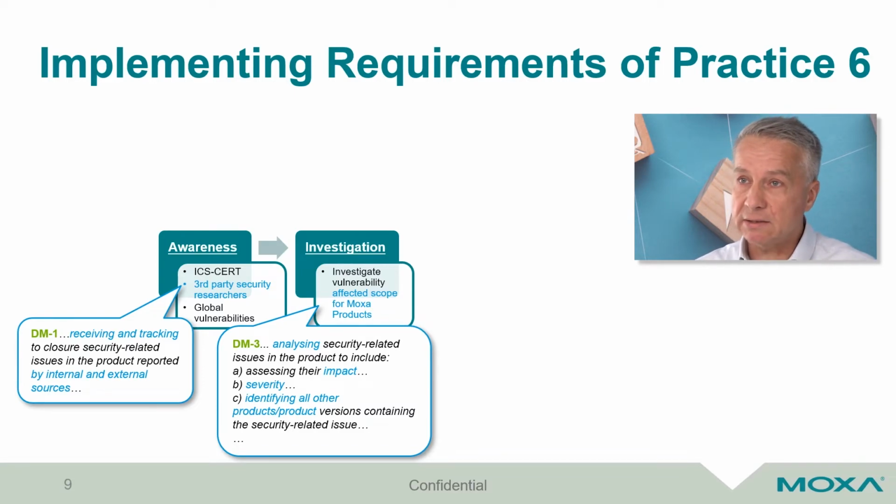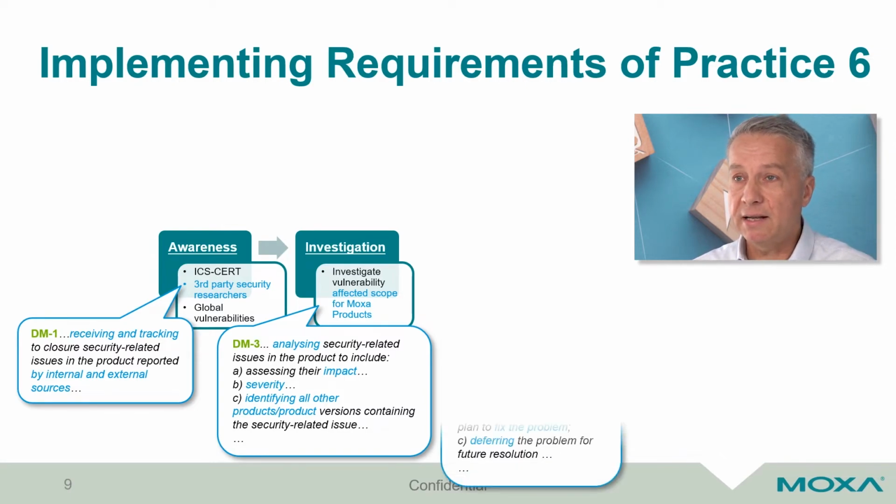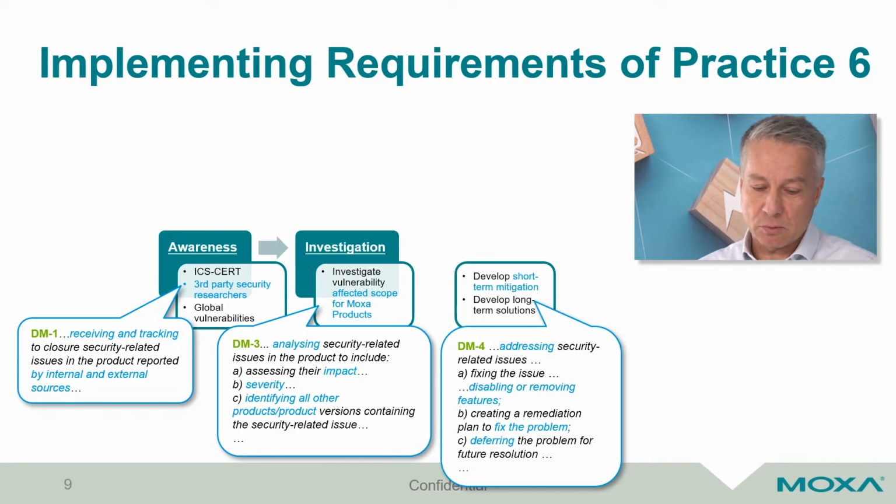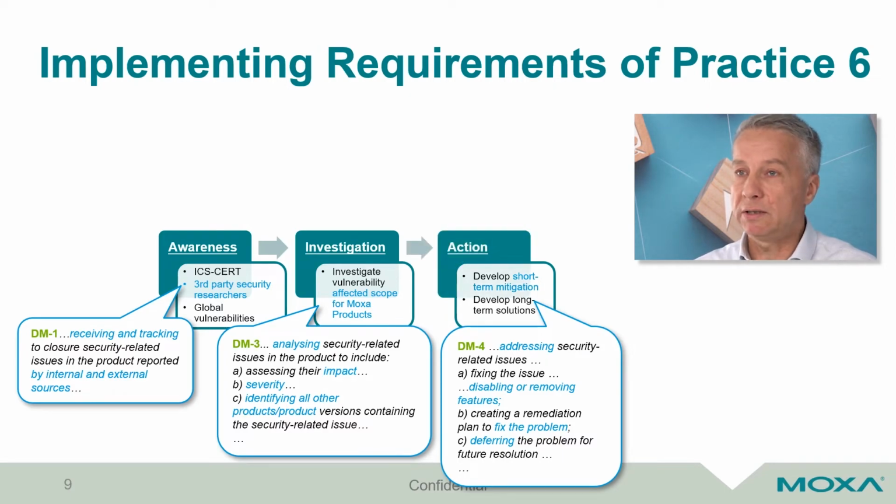So we analyze which product is affected, the severity of it, and of course the impact. That leads finally to the action phase, where we address DM4, which says we have to tell our customers what to do. Sometimes this can be just disabling a functionality, but in the best case, of course, we provide a patch at a certain point in time. And this is what we do in phase number 3, the action phase.